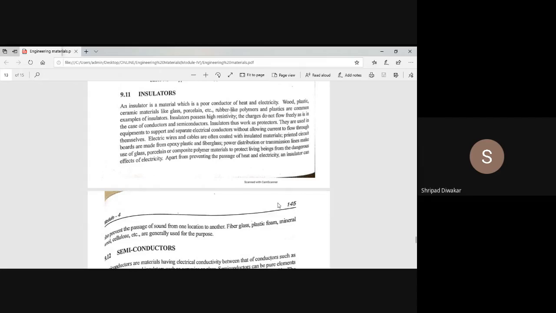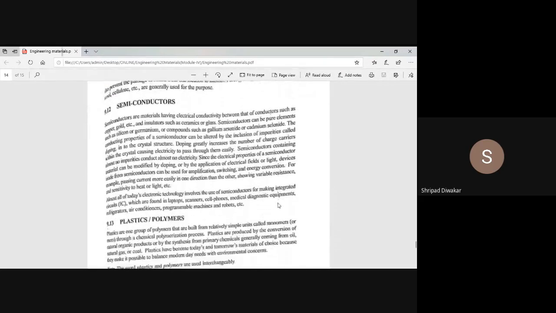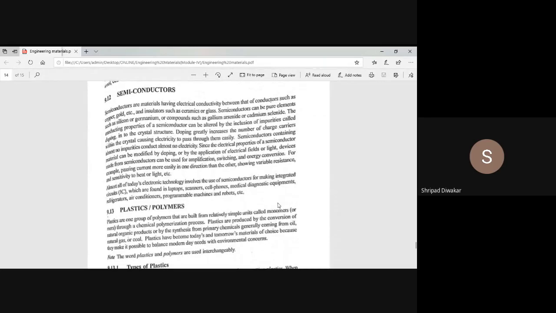So three things come into the picture. One is conductor, second one is insulator, and third one is semiconductors. Already you studied semiconducting materials in solar panels, where the PV cell, photovoltaic cell, uses semiconducting materials.